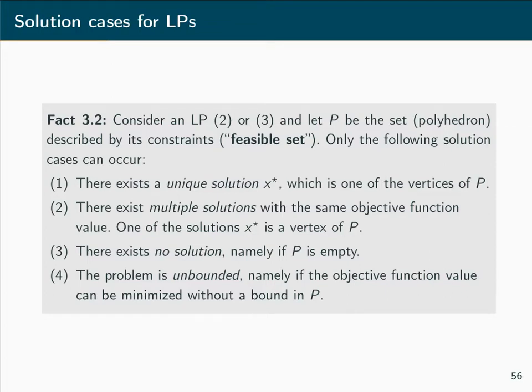And fourth, the problem may be unbounded, namely if the feasible set is a polyhedron that is unbounded and the objective function is such that the value can be minimized arbitrarily without a bound inside the polyhedron P.